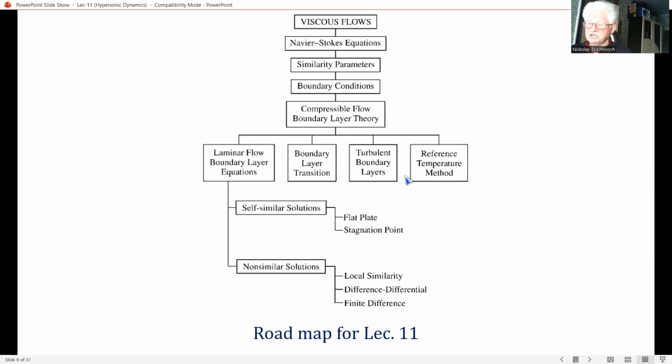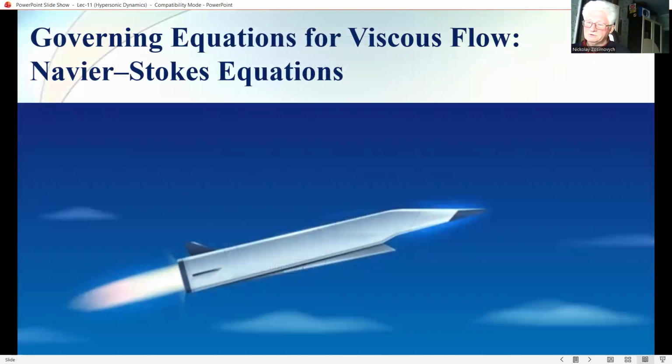For all subject items in the roadmap in this slide, the special aspects of hypersonic flow will be highlighted and, I hope, discussed. Okay? So let's go on.